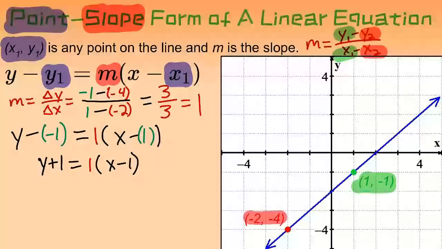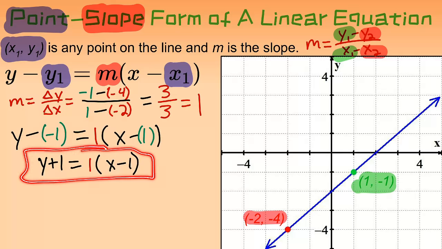So this is the equation written in point-slope form of this line right here.